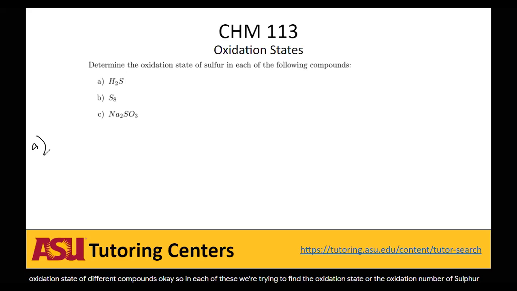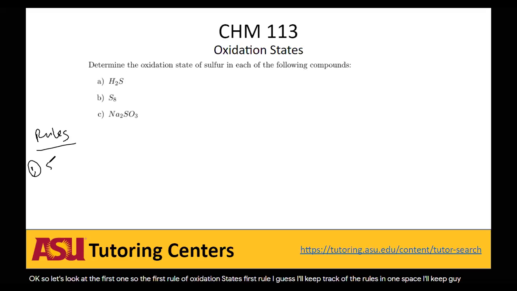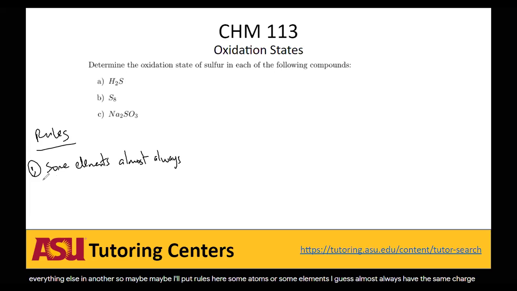So the first rule of oxidation states, I'll keep track of the rules in one space, and I'll keep track of everything else in another. So maybe I'll put rules here. Some atoms, or some elements, almost always have the same oxidation state.